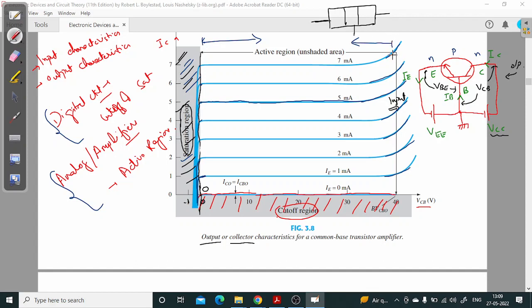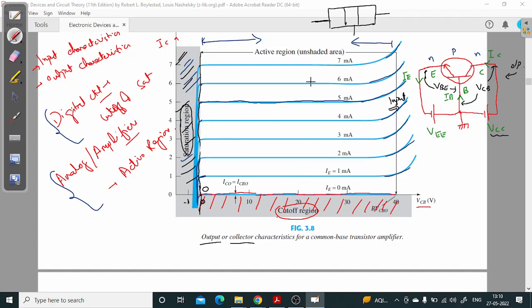When it starts to go up, the current will increase so much that the device will get burned. Okay, so we should take care of this device when we use it in the active region, that is, it should be used within the prescribed maximum current levels. It will be mentioned in the data sheet of the device itself, but from the graph we can see the behavior like this.